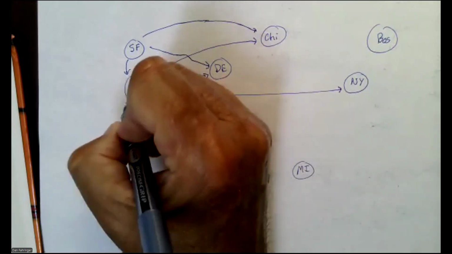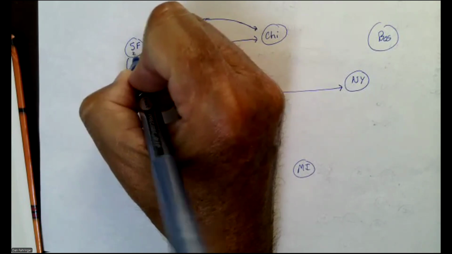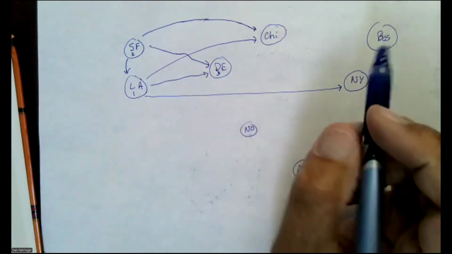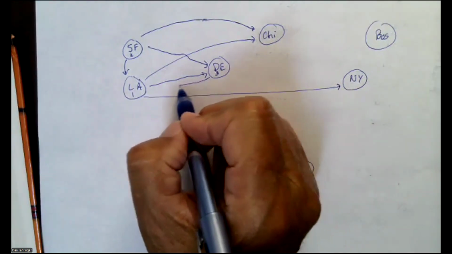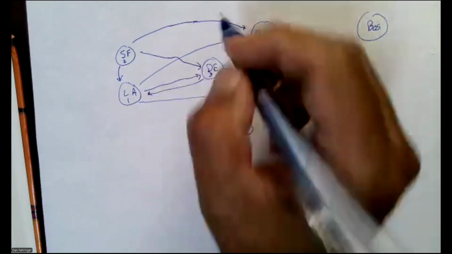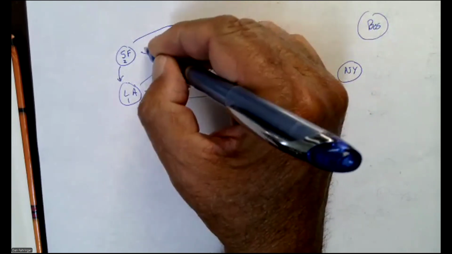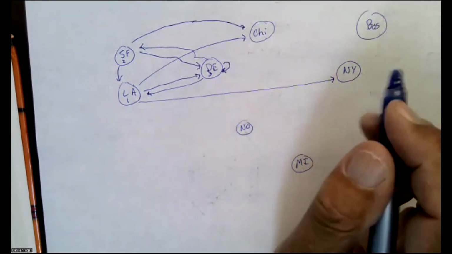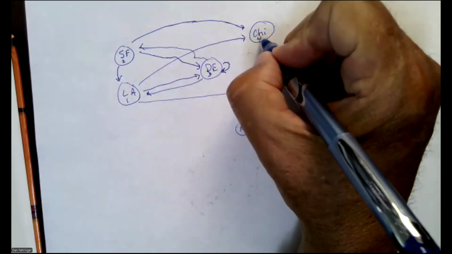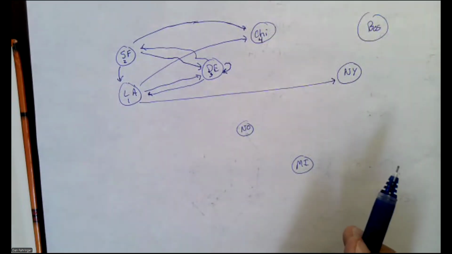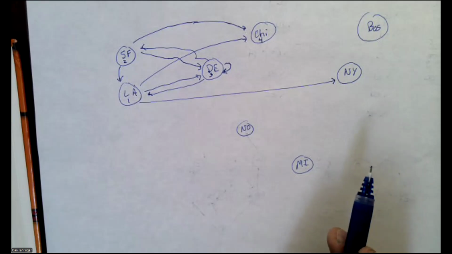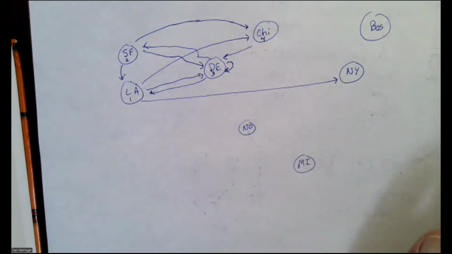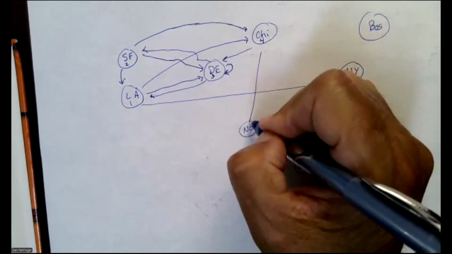This was 1. This was 2. 3 is Denver. Denver flies to 1, 2, and 3. Denver goes to 1. Denver goes to 2. Denver goes to itself. Must be a training facility. 4 is Chicago. Chicago goes to number 3, which is Denver. And Chicago goes to number 8, which is New Orleans.